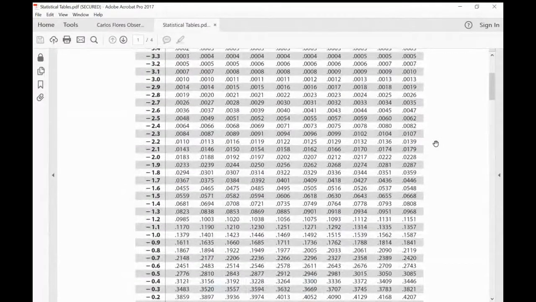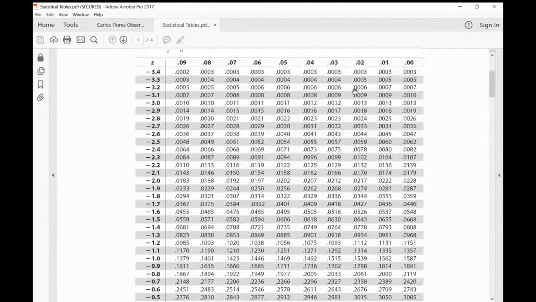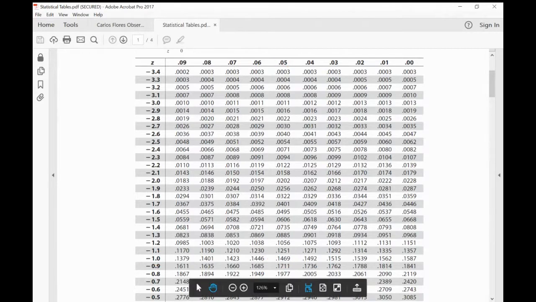Okay, so let me see, where's 5? Here's my 5. Here we go. So here's negative 1.0. Here's 0.05. Those two meet up right here. So the number that I'm going to write down is going to be 0.1469. Okay, 0.1469.